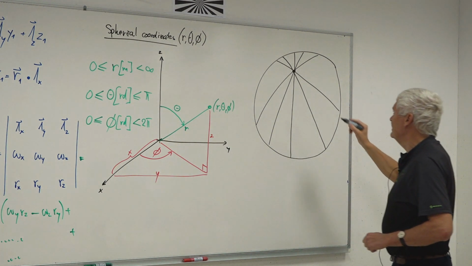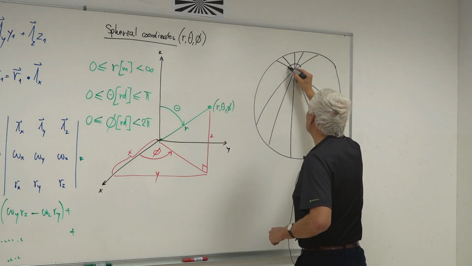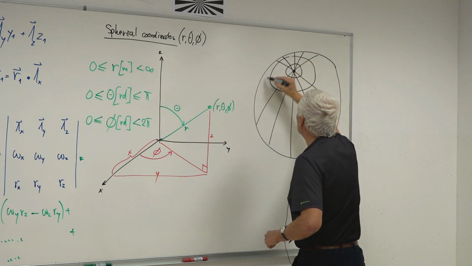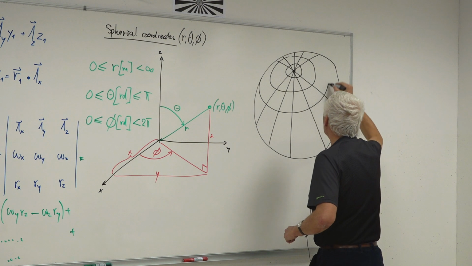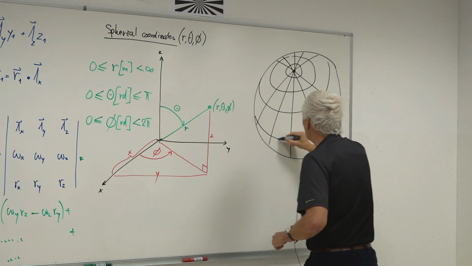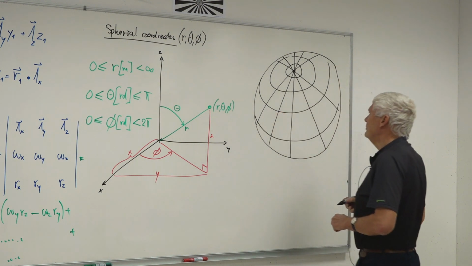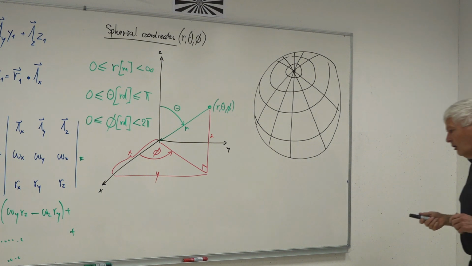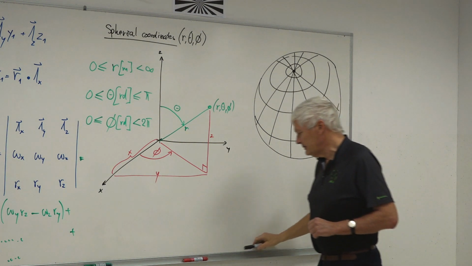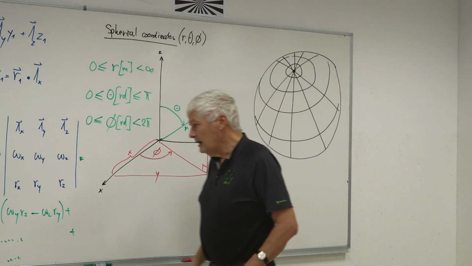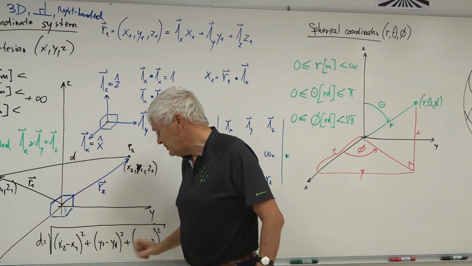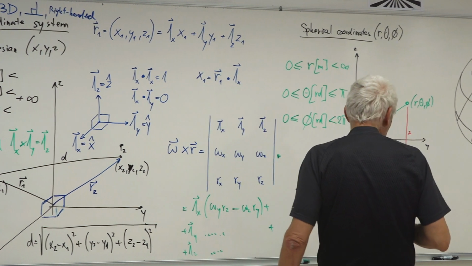And I can draw parallels. How do I calculate on a globe? How do I calculate the distance I traveled? Let's take a simple example, not this example where I'm going to have changes in all coordinates. Just a change in one coordinate.